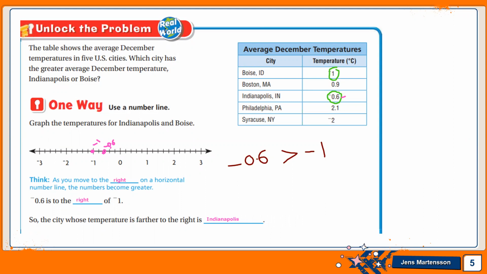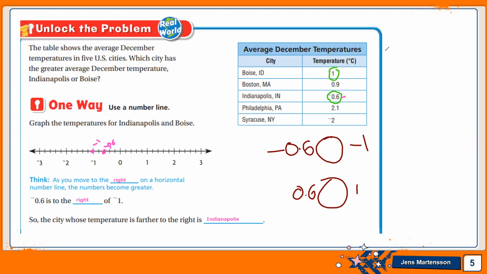The second way, which we call the place value way: if you have -0.6 comparing with -1, you will write the numbers without the negative sign as 0.6 and 1.